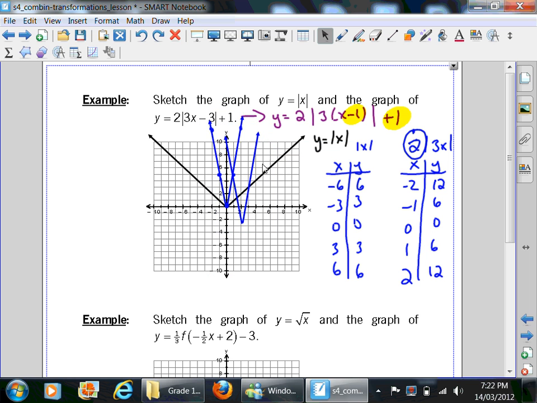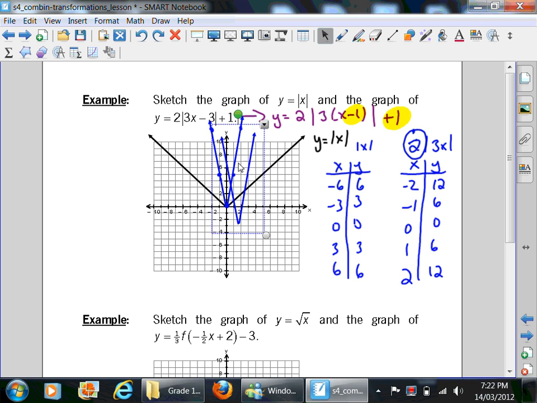Go right 1, and then I'm going to go up 1. So I end up right here.